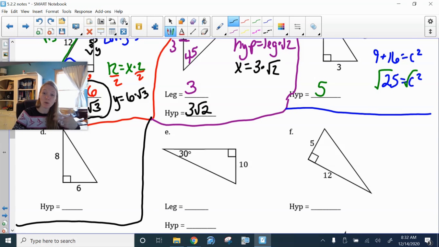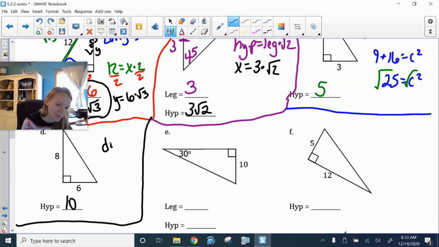So the triangles are similar, which means the hypotenuse should also be doubled. So we can tell the answer should be 10 without having to do any math because we can recognize that similarity. And that's what we're going to try and get towards. Can we come up with some basic triangles that make it faster for us to calculate answers?